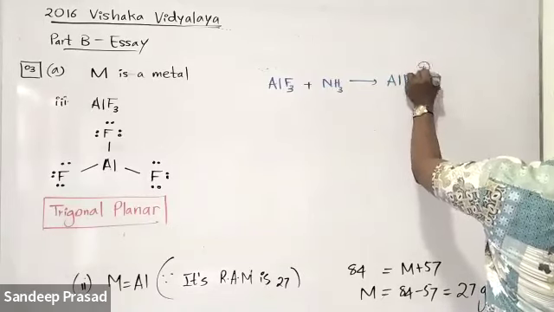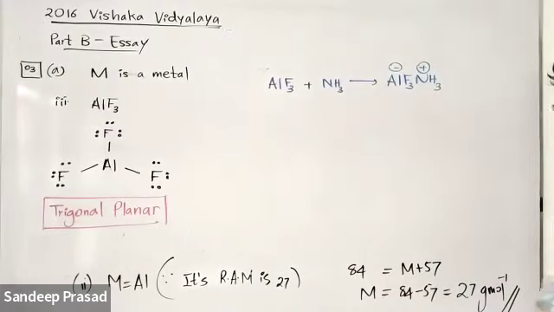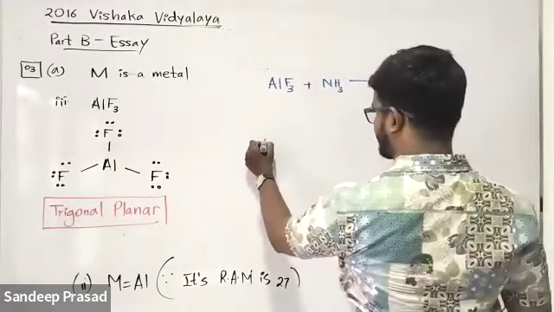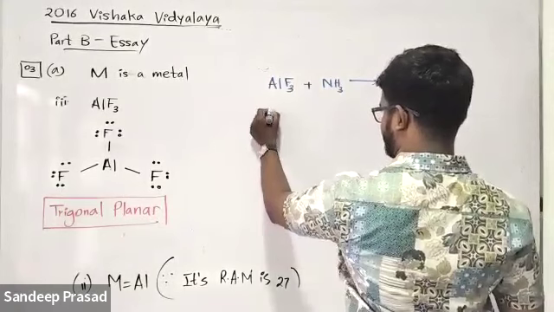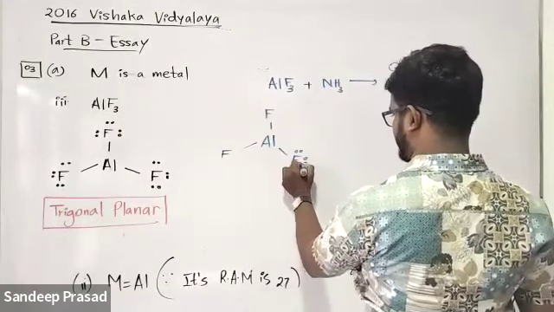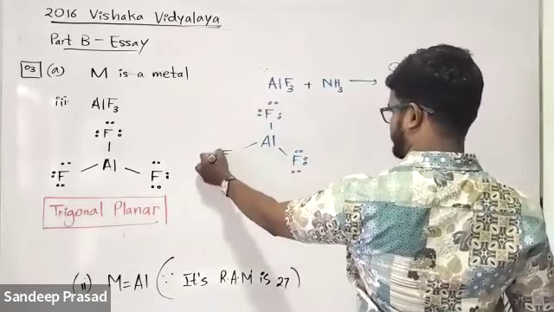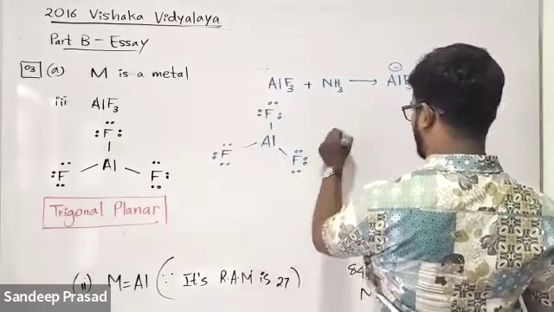Here nitrogen is positively charged, aluminium is negatively charged. Dative covalent. So you have to show the correct Lewis structures in this way. Aluminium trifluoride, ammonia.